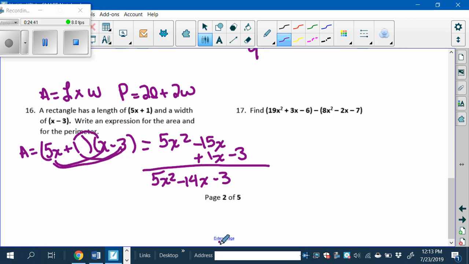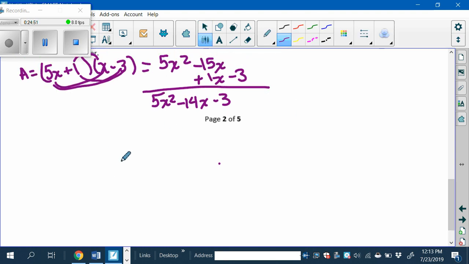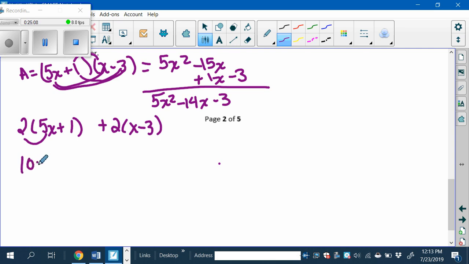So I'm going to extend this page a little bit. Sorry. Okay, so this is going to be 2 times 5x plus 1 plus 2 times x minus 3. So I multiply first. So this is 2 times 5x, which is 10x.